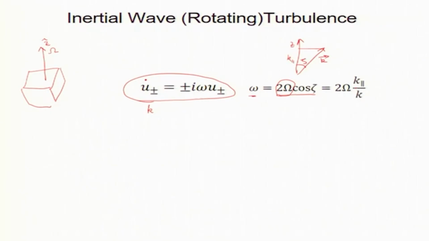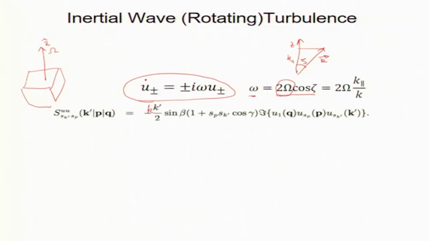Now, I play the same trick. I need to write down this energy transfer, right. We need to write down the flux formula. Some of you were absent in the last class. So, we need to write down how much energy is going across scales, okay. I did in the class this energy transfer from P to K, right.